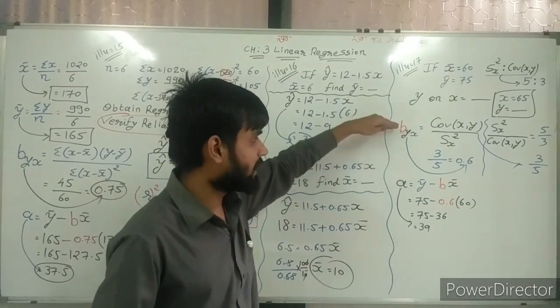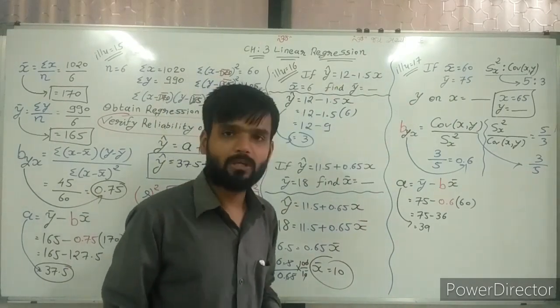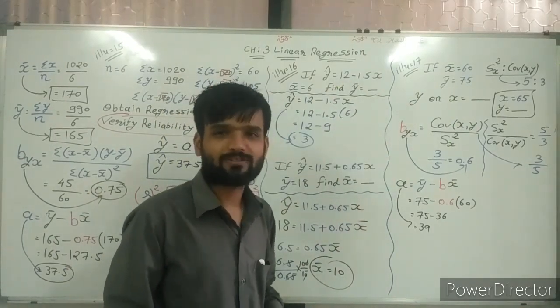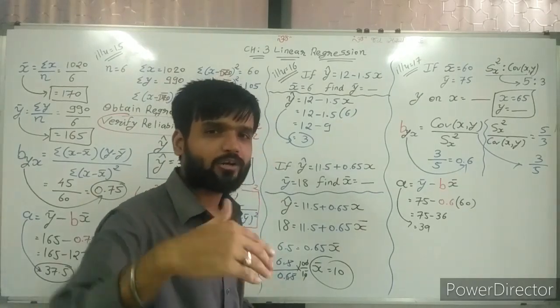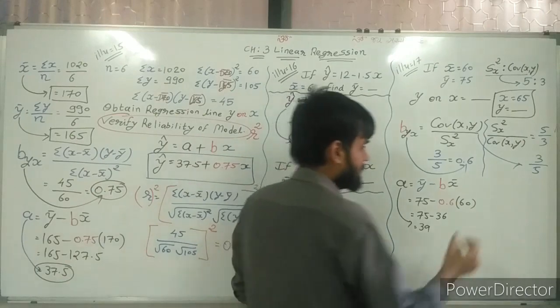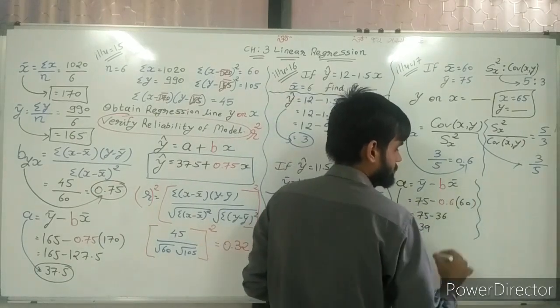So we have the value of A as well as the value of B. Now we are finding the y on x regression line, and that line we are finding here.